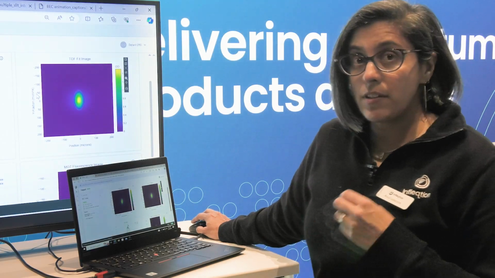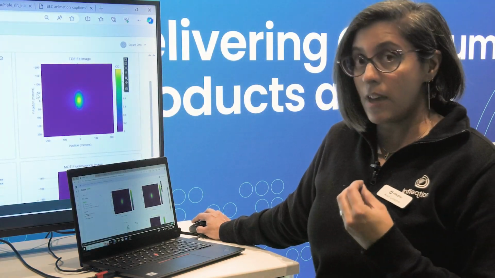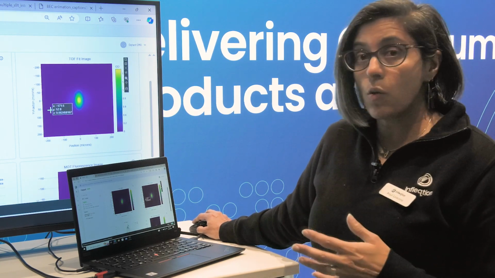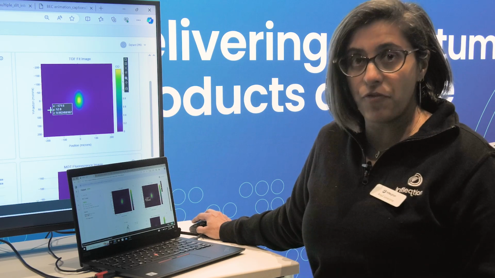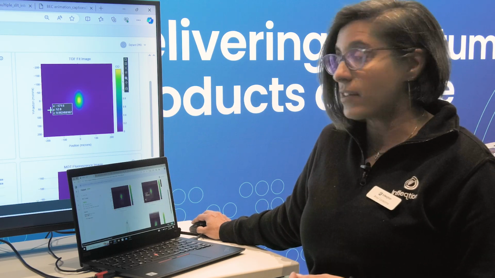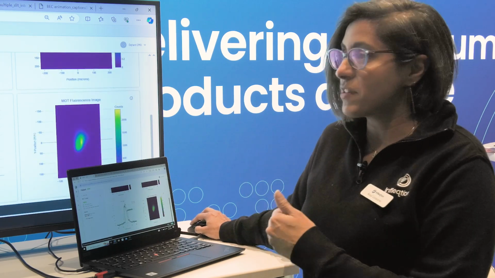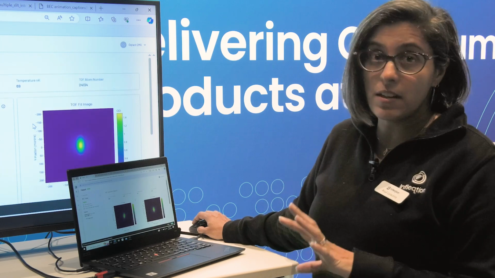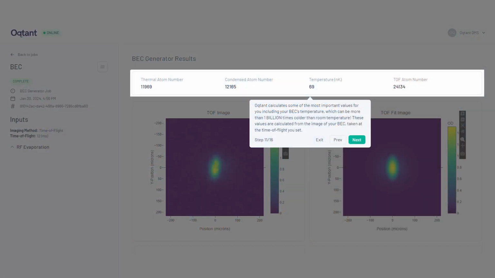We provide different information. We include an image of that BEC. We also will provide a smoothed out fit. And then from that fit, we can provide some sliced images that give you a profile in the X and Y of that condensate. All of this data is available for our users for further analysis.